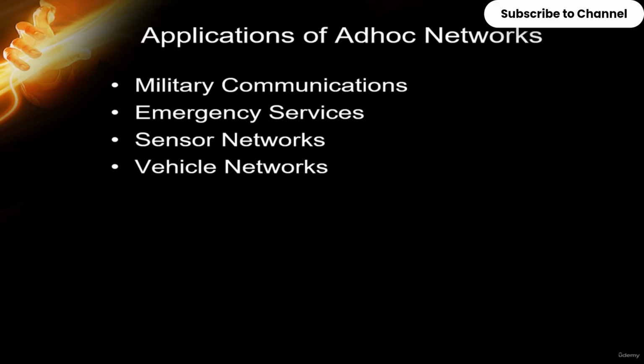Vehicle networking can be used for road safety, vehicle to vehicle communication, vehicle to infrastructure communication. Infrastructure here means things like routing sites, or infrastructure to vehicle communications. All these things are provided with this ad hoc network.